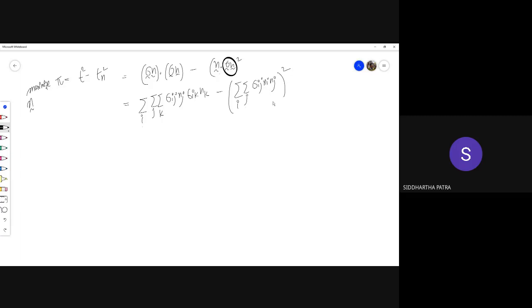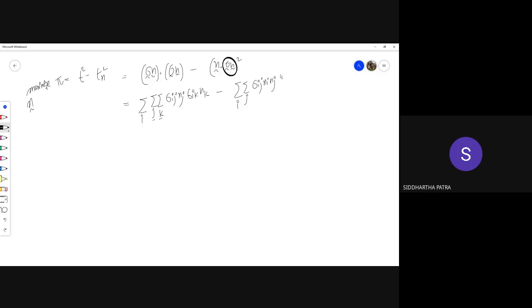Of course this is not how you represent it in index notation. In index notation I should be doing another set of this operation, which basically means I should be doing this. You see here there are two dummy indices j and k. Here there are two dummy indices i and j, only to represent what's being squared.